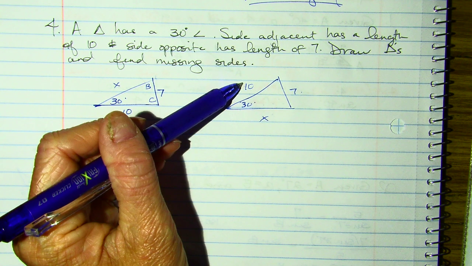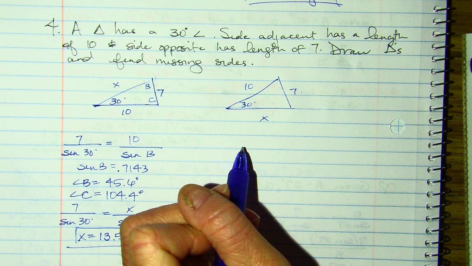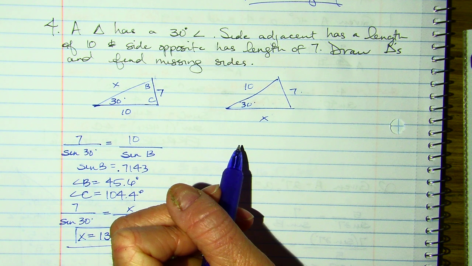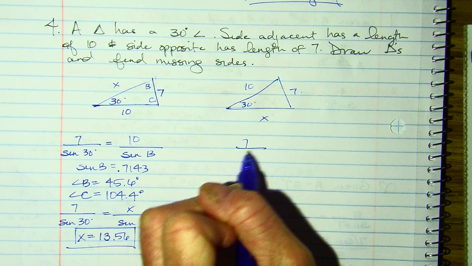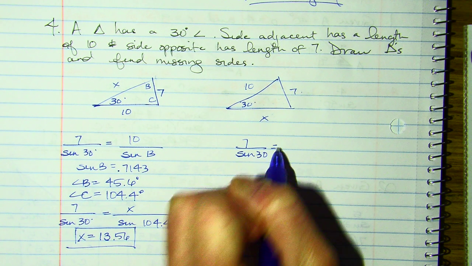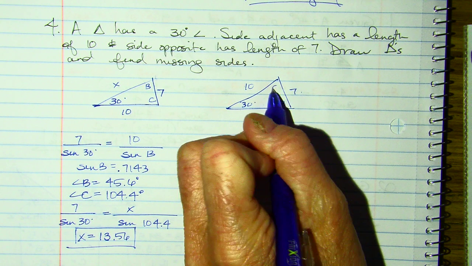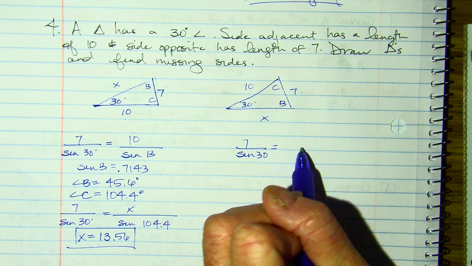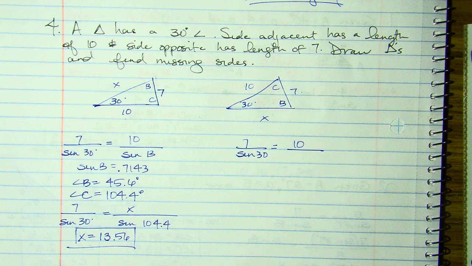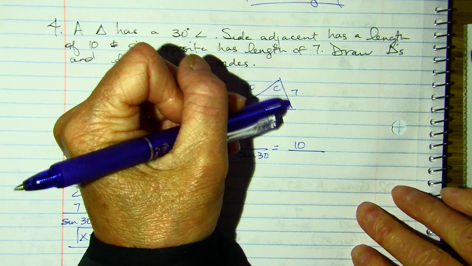If I labeled this side 10, then it changes things. So in this case, I would say 7 over the sine of 30 equals, sorry, 10 over, I set this up wrong.